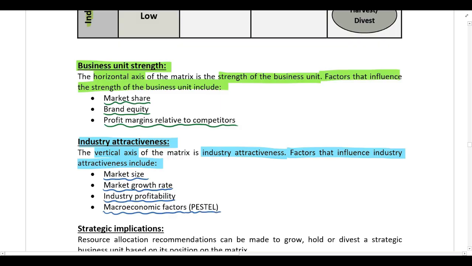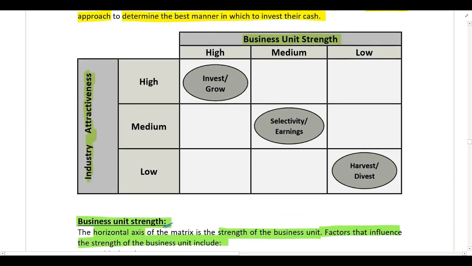Now that we know what the business unit strength and the industry attractiveness means, we can now interpret the diagram above. So I want you to go back to this diagram. If the business unit strength is high, in other words, based on the factors that we looked at below, this means that the business unit has a good market share, they have a good brand equity, meaning that customers identify and know of their brand, and their profit margins are very good compared to the competition.